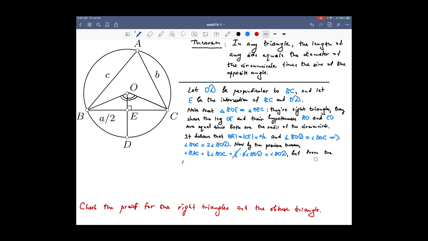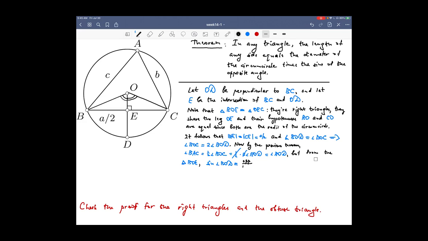From the triangle BOE, it follows that, say, sine of the angle BOD equals the opposite leg BE by the hypotenuse BO.